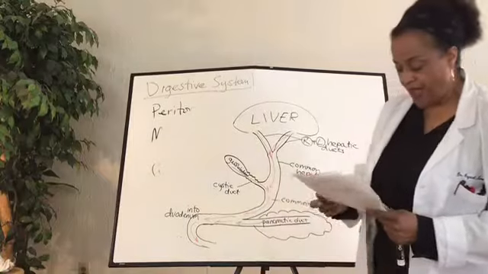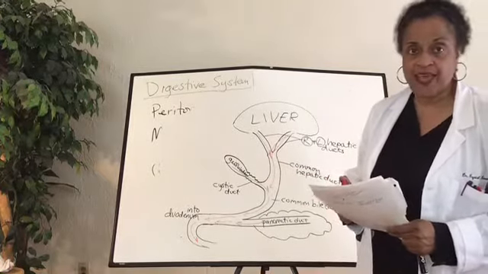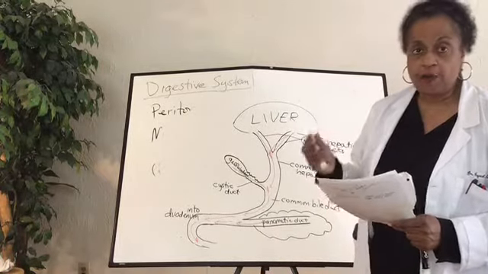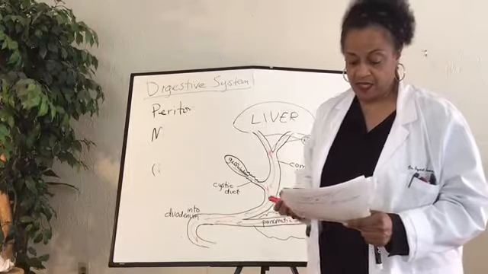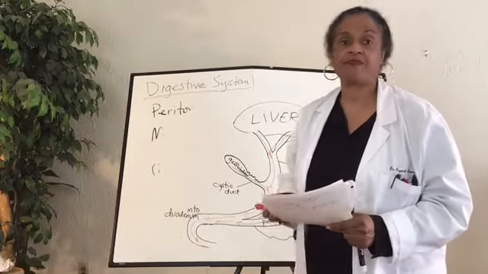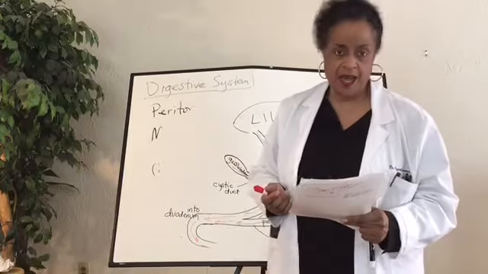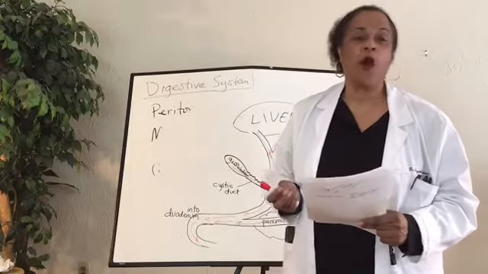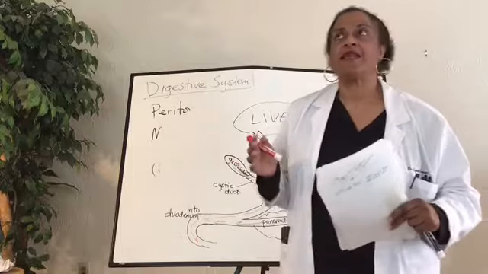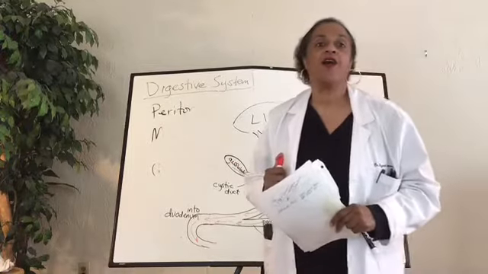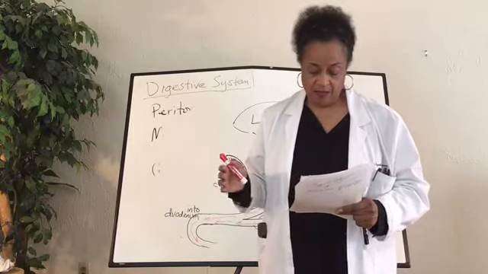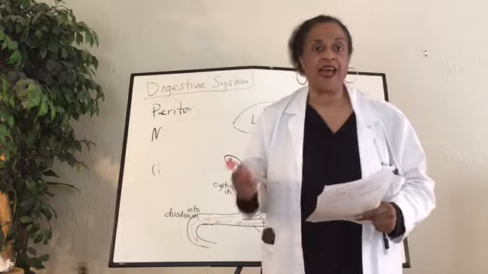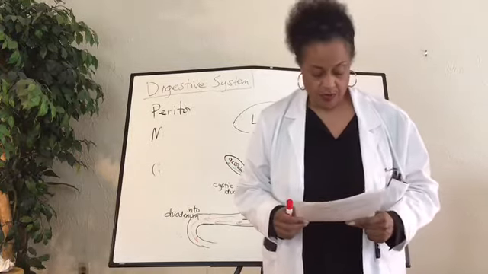So bile is secreted by hepatocytes, right? It's composed of bile salts, phospholipids, cholesterol, bilirubin, but mainly water. Water makes up about 97% of bile. Bile is there to make fats easier to absorb, right?